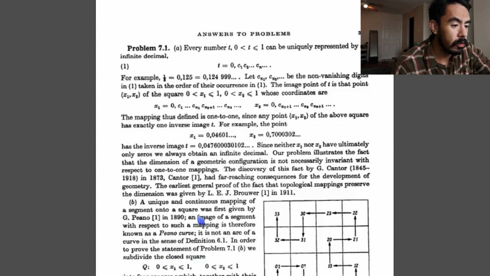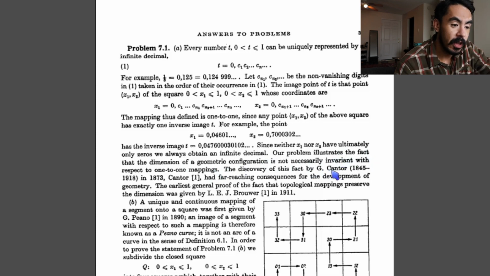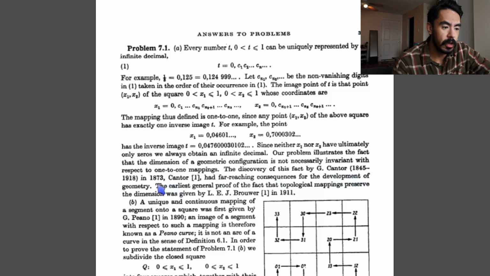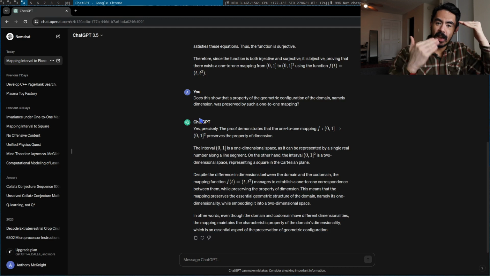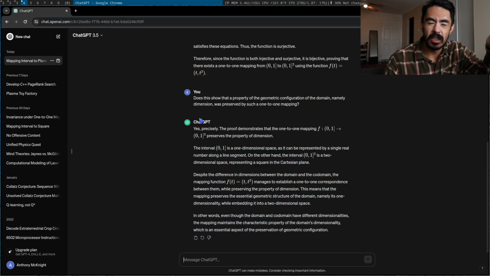Well, but even if you go further, it even says right here, our problem illustrates the fact that the dimension of a geometric configuration is not necessarily invariant with respect to one-to-one mappings. The discovery of this fact by George Cantor in 1873 had far-reaching consequences for the development of geometry. So these are the kinds of things that you can plug into ChatGPT to expose.